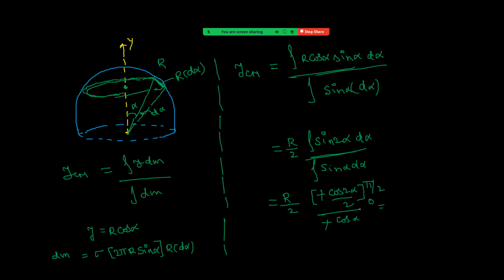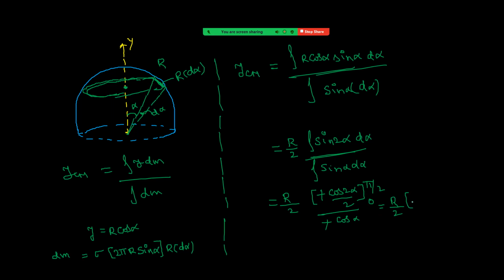Remaining, take limits 0 to 90. See, when I'm taking here 90 means pi by 2. See what we get? Cos 2 alpha becomes cos pi, right? Minus 1. Next, r by 2, limits.